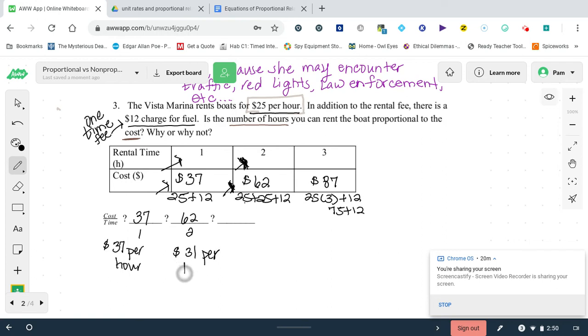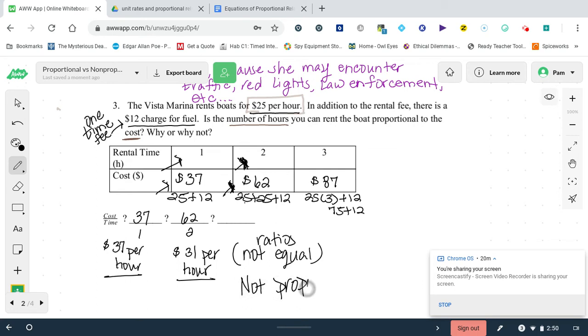Well, I can stop right there because these ratios are not equal. Ratios not equal, okay? So that means this is not proportional.